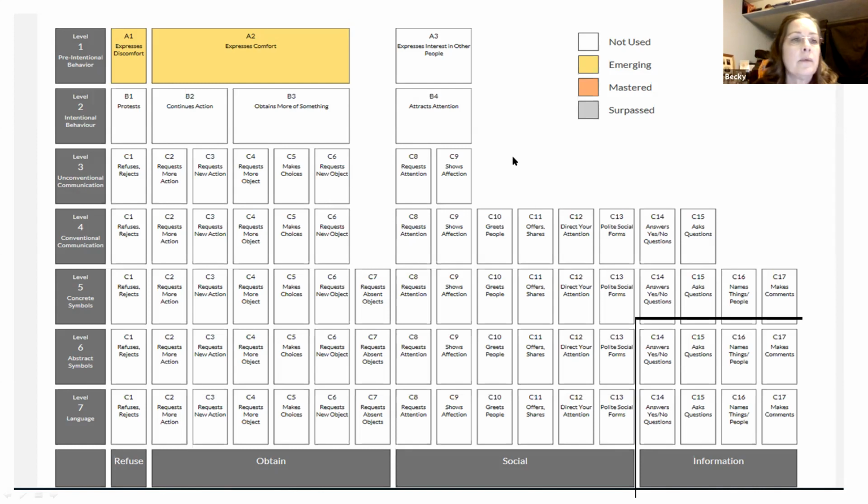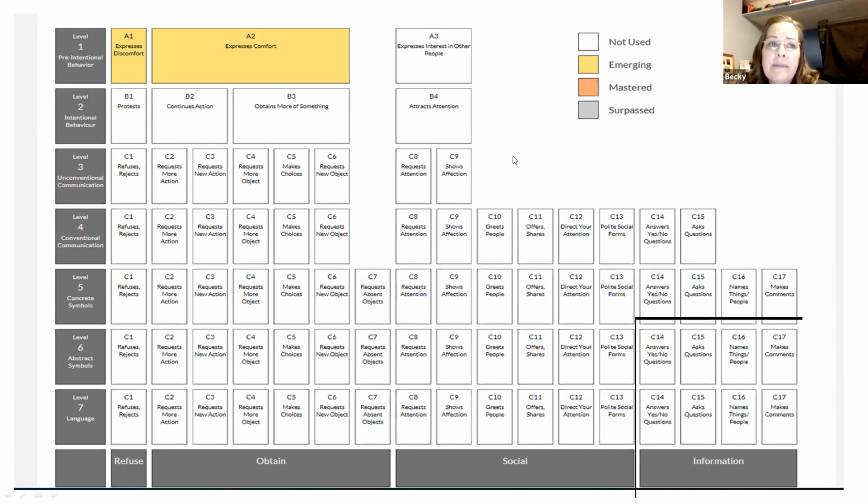When we think about level 1 of the communication matrix, we're looking at pre-intentional behavior. And in level 1, the behavior is not under the students' own individual control, but it reflects their general state, such as being comfortable or happy or unhappy or hungry. And the caregivers interpret the student's state from behaviors such as body movement, facial expressions, and sounds.